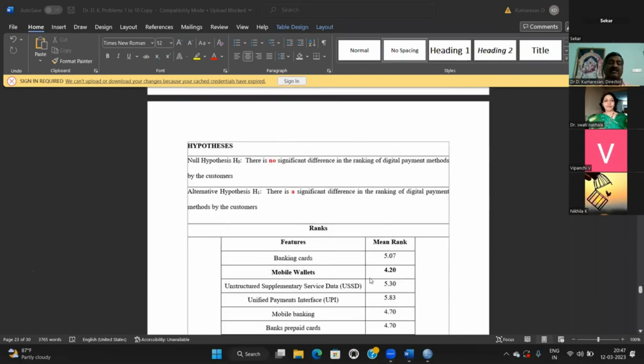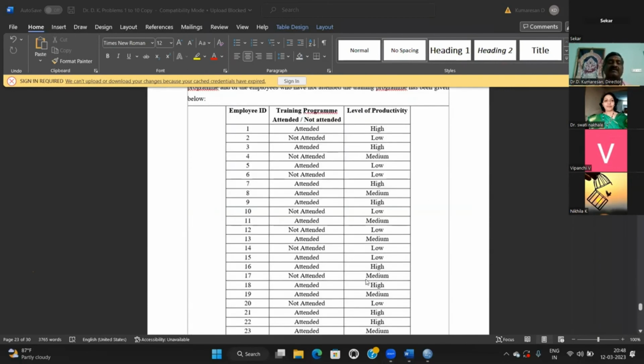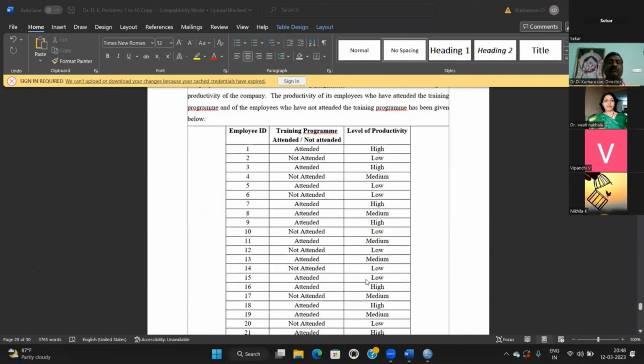Last one, chi-square test. In this case, the data is dichotomous: yes or no, attended, not attended. Yesterday, one of the participants asked whether the free voice calls have an impact on the utilization of internet.